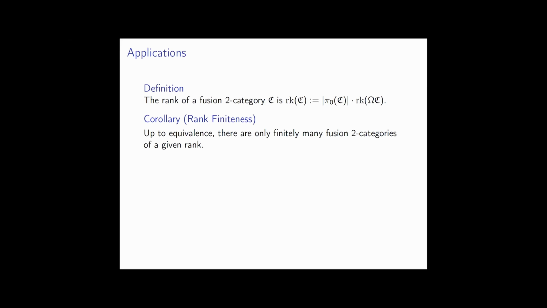You can define the rank of a fusion 2-category; in this case, you have to take into account the number of connected components and the rank of loops, where the rank of a fusion 1-category is the number of simple objects. So in particular, it just follows from the classification that there are only finitely many fusion 2-categories of a given rank.